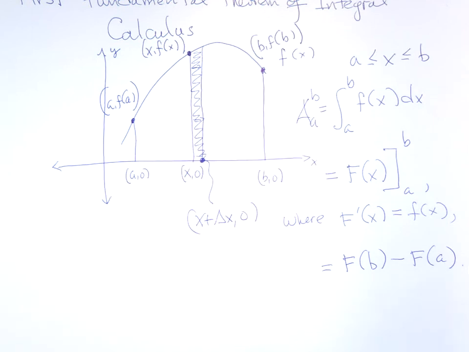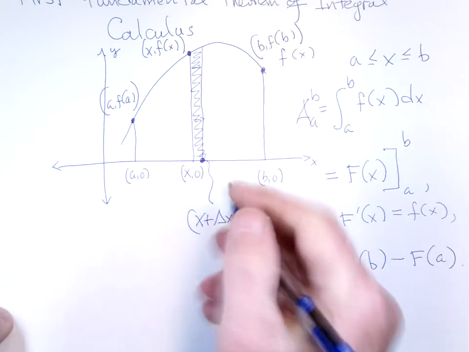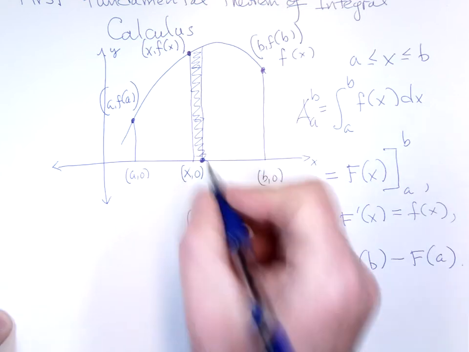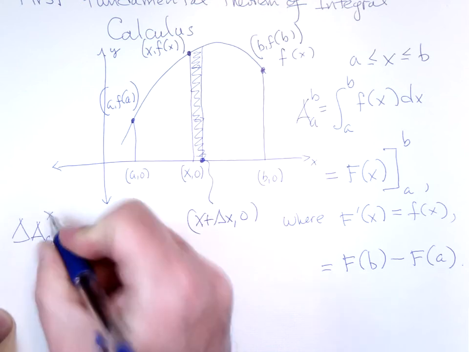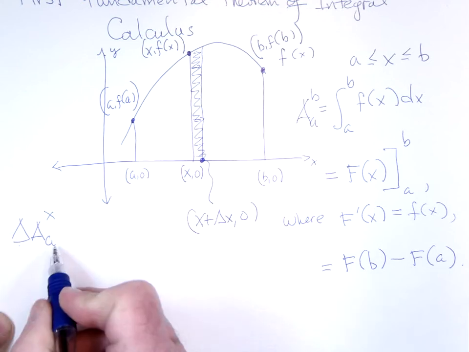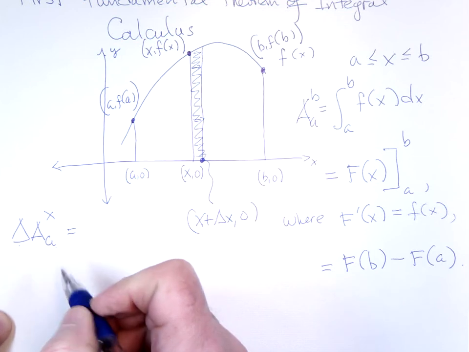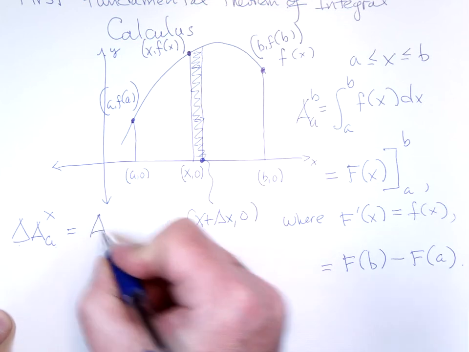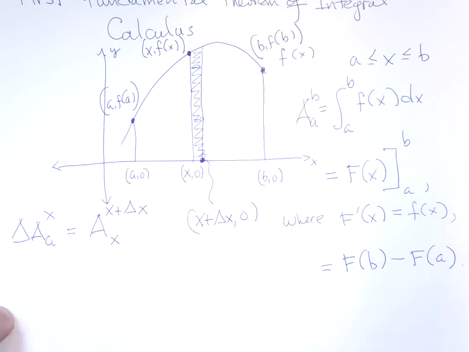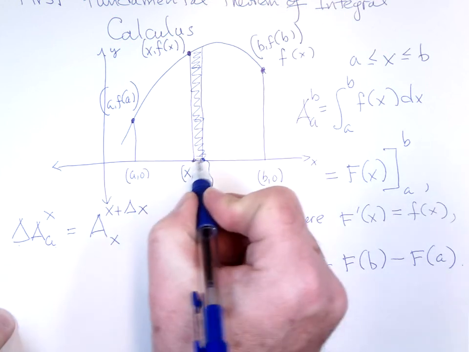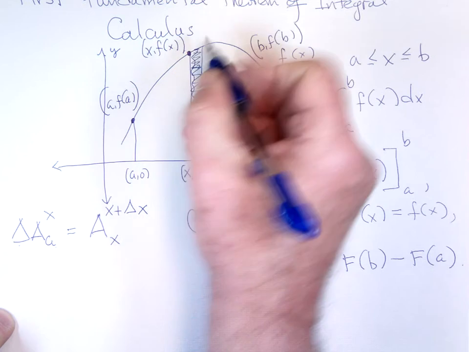This area is the change in area from a to x. The change in area from a to x is equal to the area from x to x plus delta x. That's this area right in here. This little distance is delta x.